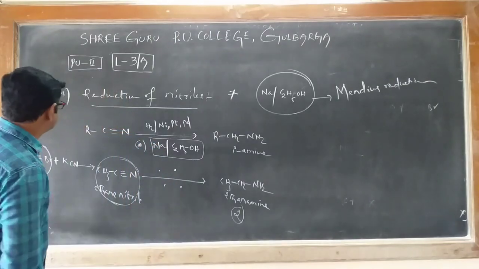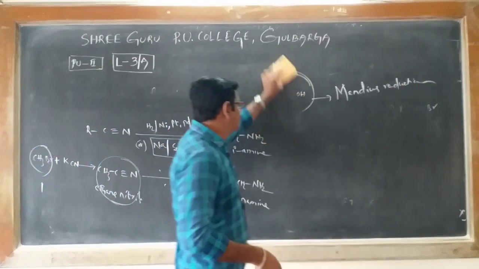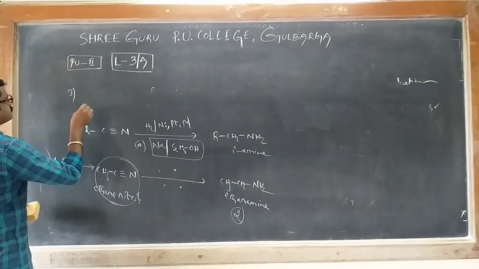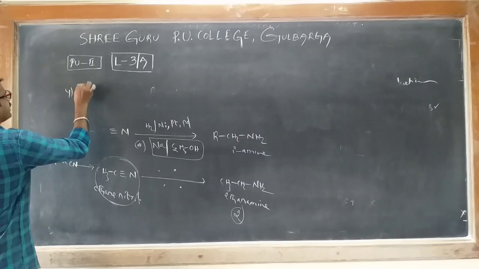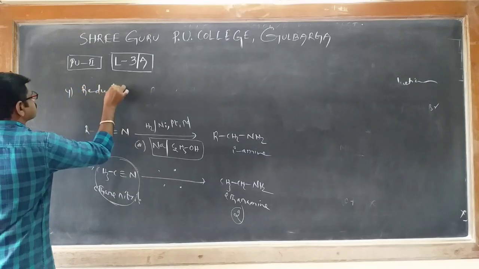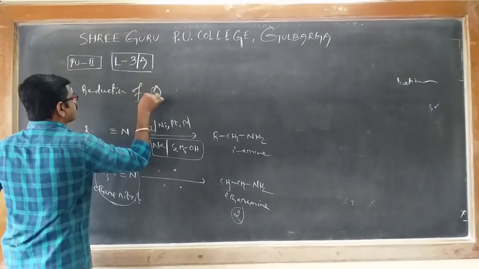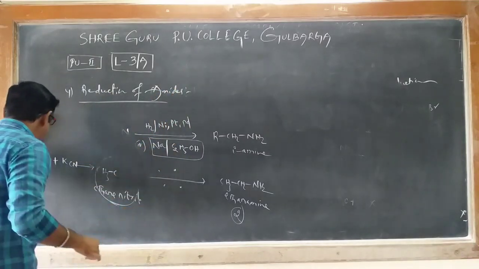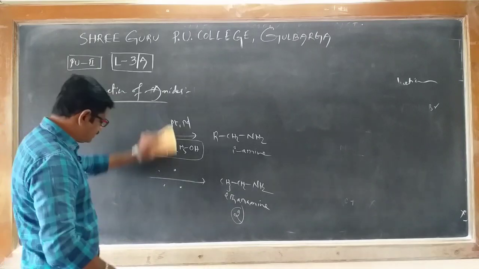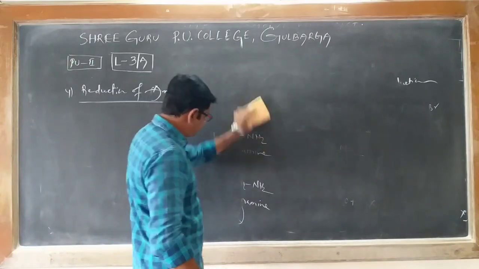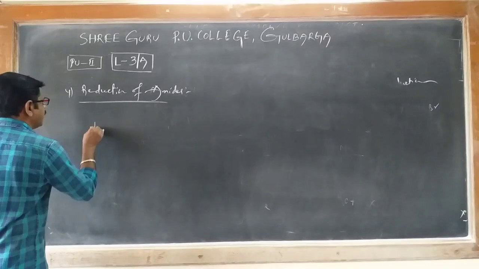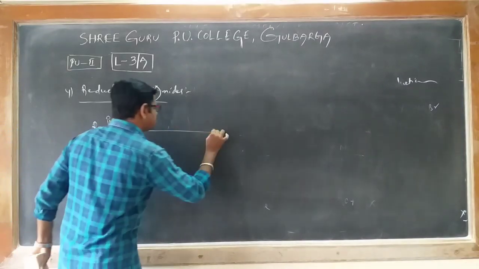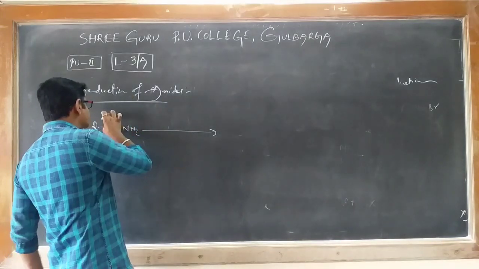Alright. The next preparation method we will discuss, the fourth one, is reduction of amides. We'll see how amides undergo reduction. Amide is RCONH2, which converts to RCH2NH2: CO converts to CH2.